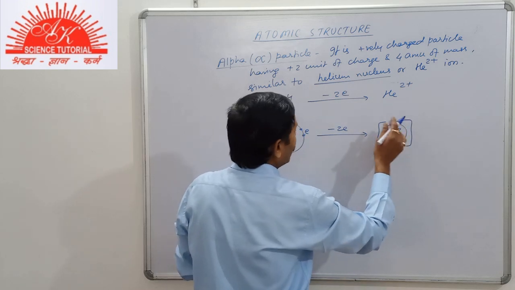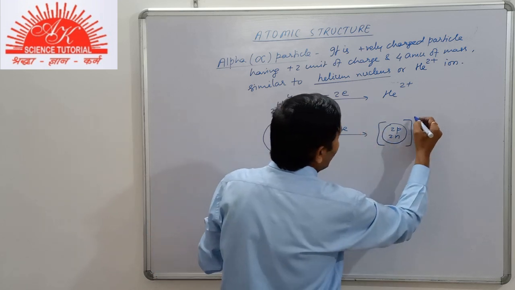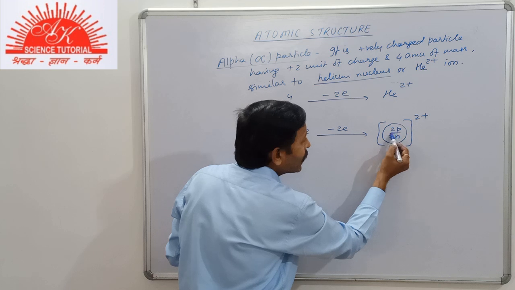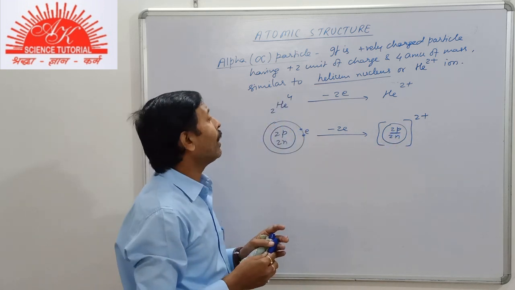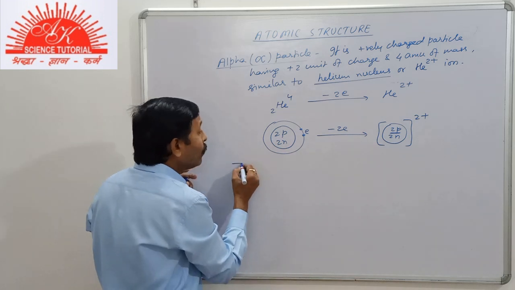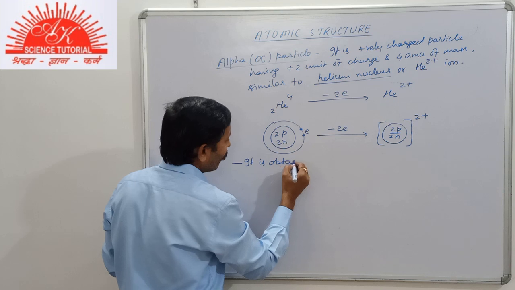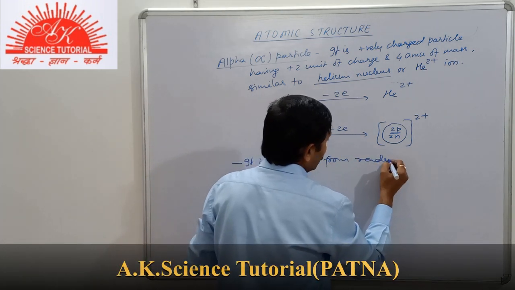Because there was only one orbit, and the orbit is vanished, only the nucleus is left, and this will carry 2 units of positive charge due to the presence of 2 protons in the nucleus. This is the alpha particle. And how is it obtained? It is obtained from radioactive substances.